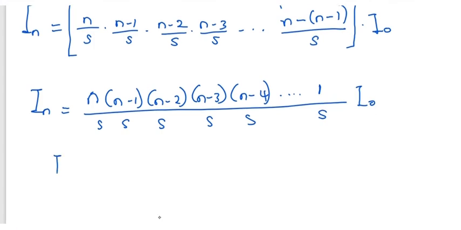So this will simply give us n factorial all over s to the power of n times I naught.